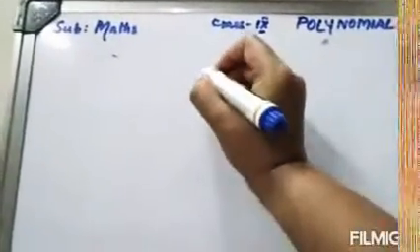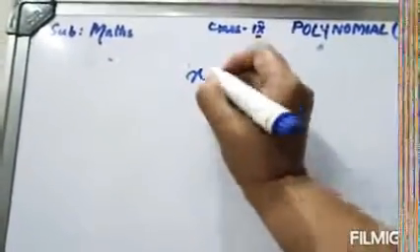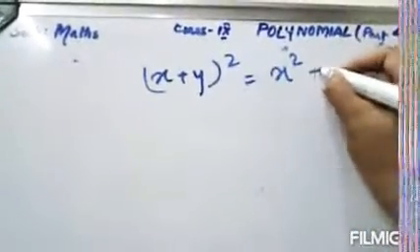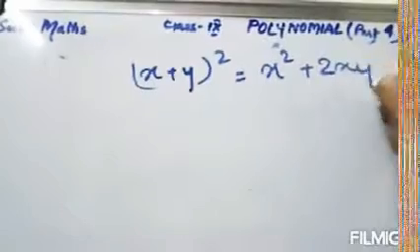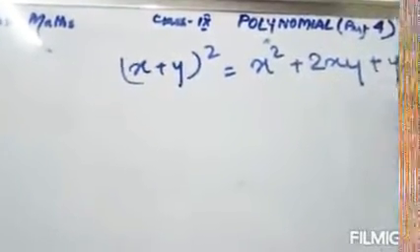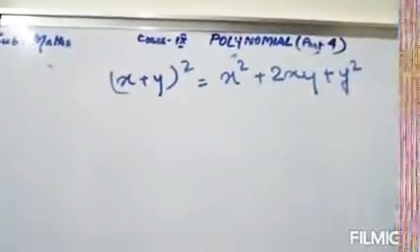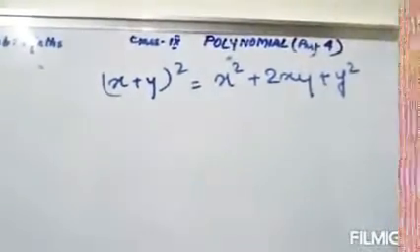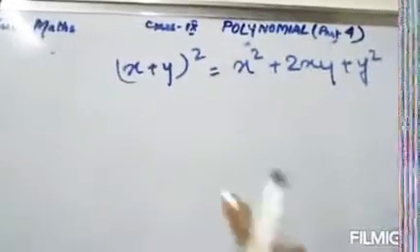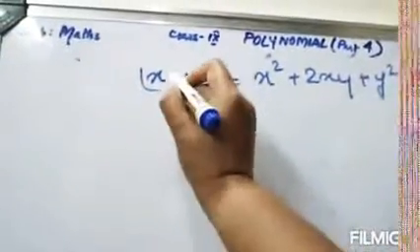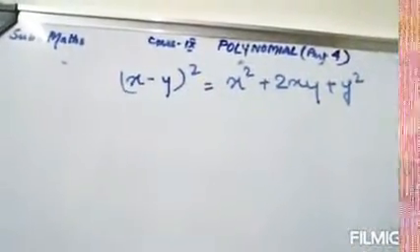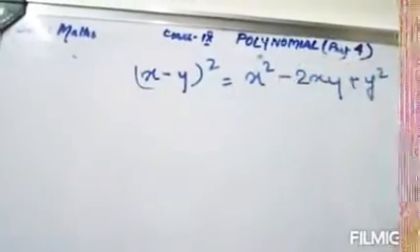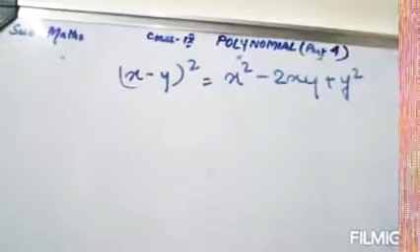Okay, we know that x plus y, when I say x plus y whole square, what do I mean? X square plus 2xy plus y square, correct? So this is the expansion of this polynomial, correct? Next, if I just change this to minus, how will it affect? This also will change to minus. Rest all remains the same.